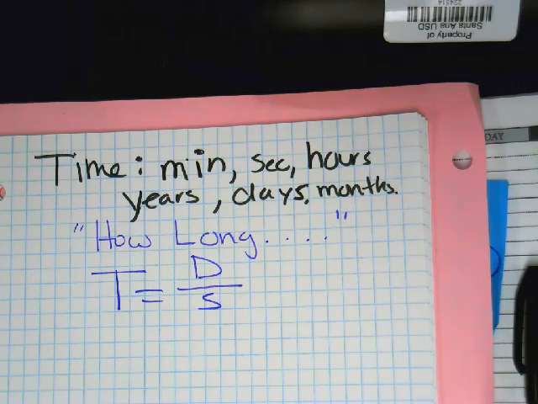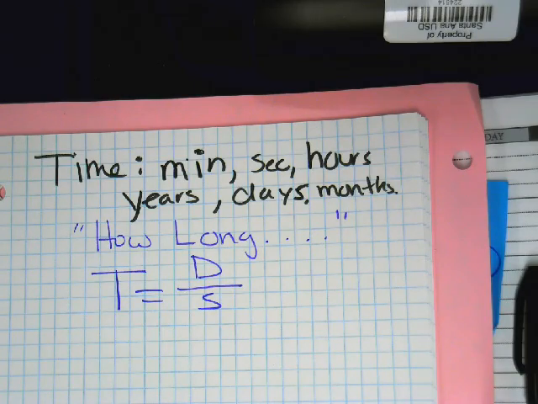Now, if I open it, and let's say I'm solving for speed. What letter do I cover up for speed? Yes. The S. So I'm going to cover up the S for speed. What does this line mean? So D divided by T would give you speed.